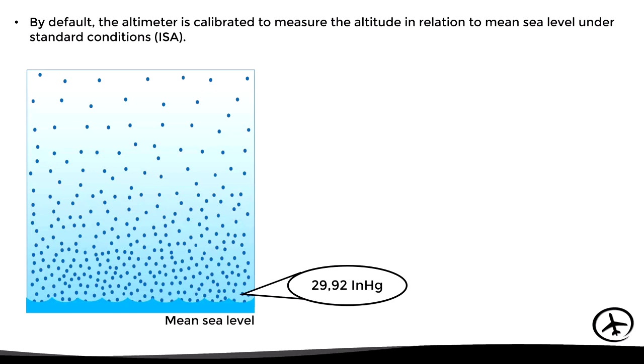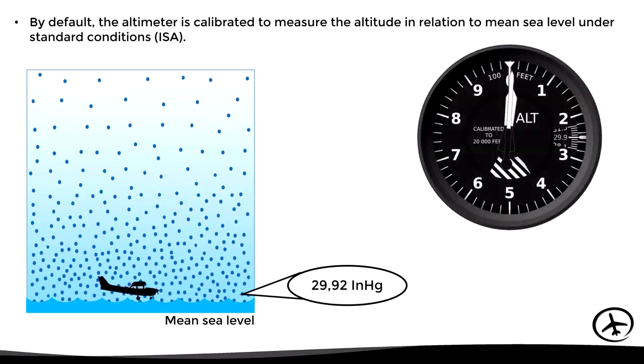In this video, we will use inches of mercury in the examples, however the concept is the same for hectopascals. In this case, if the altimeter senses a static pressure of exactly 29.92 inches of mercury, it will read 0 feet, since it is the barometric reference level.